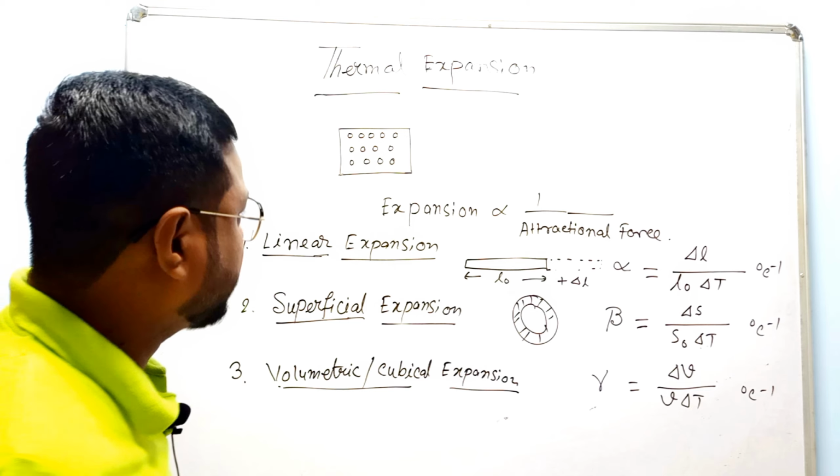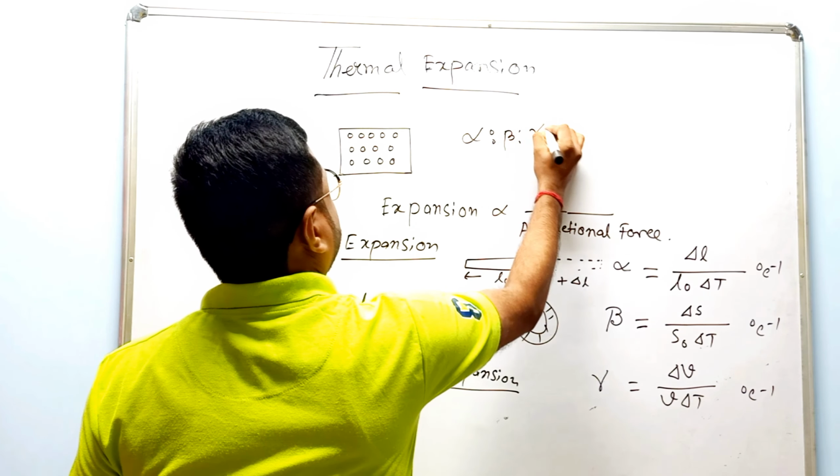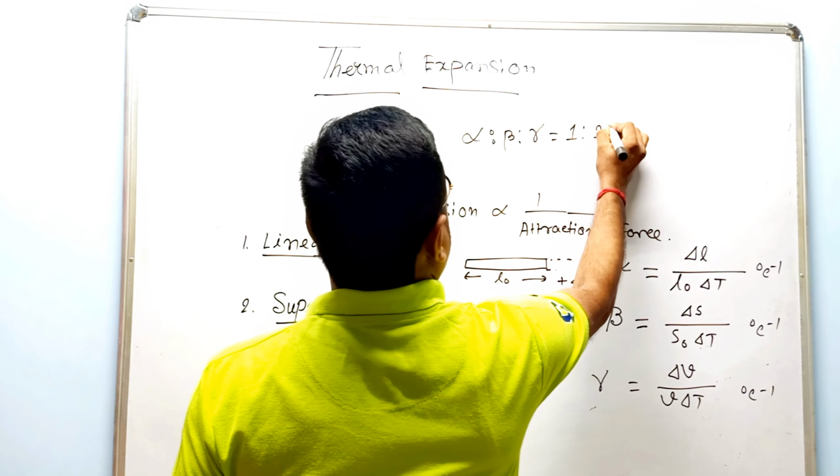The relation between alpha, beta, gamma is alpha : beta : gamma equal to 1 : 2 : 3.